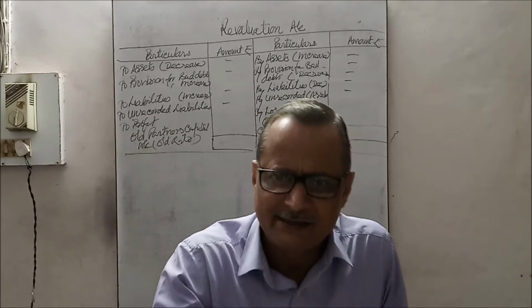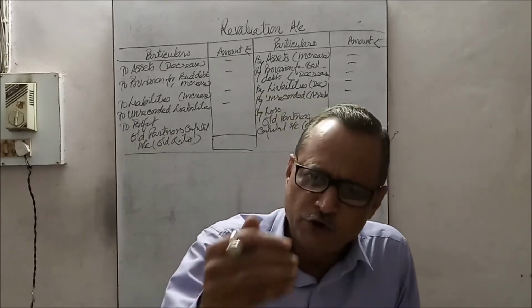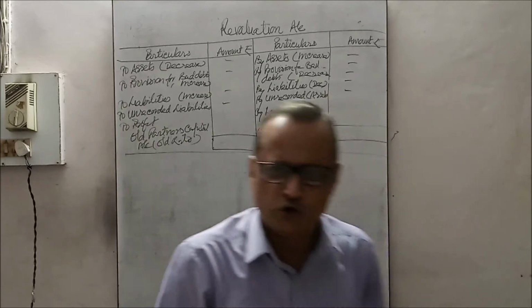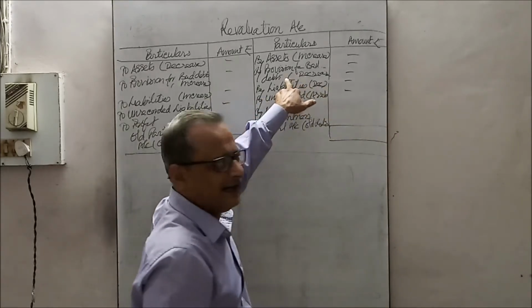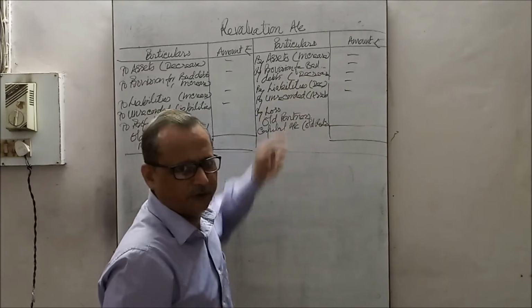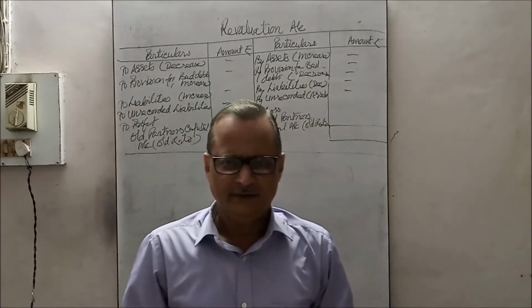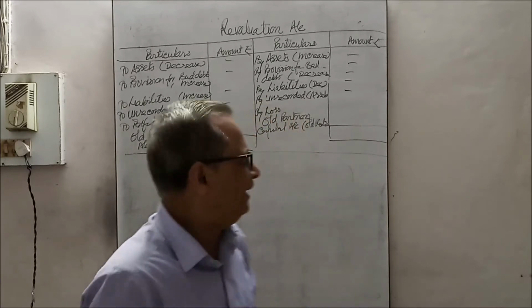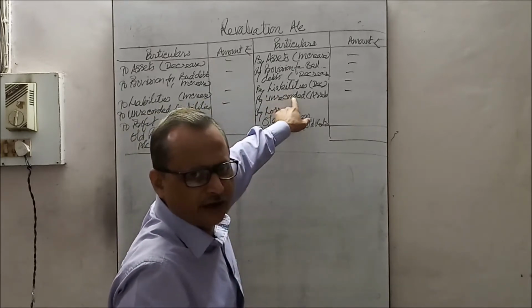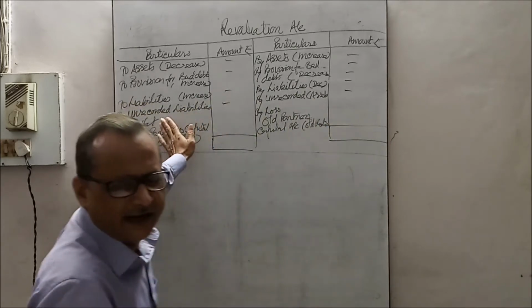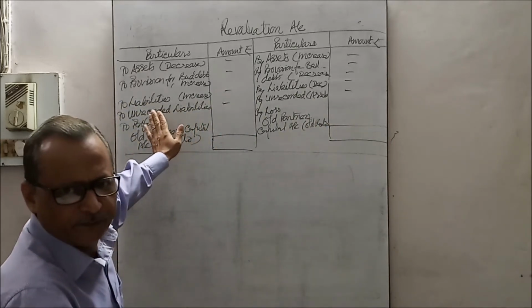So provision for doubtful debts will be reduced, and that reduced value should be presented at the credit side of revaluation account. Likewise, if the value of liabilities decreases, that should appear in the credit side of revaluation account. If the value of liability increases, it should be presented at the debit side of revaluation account.